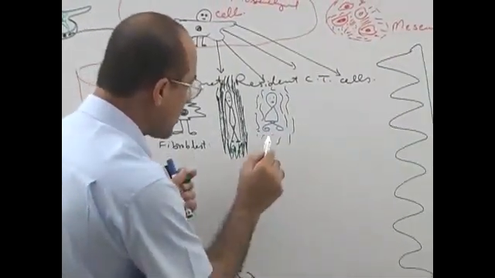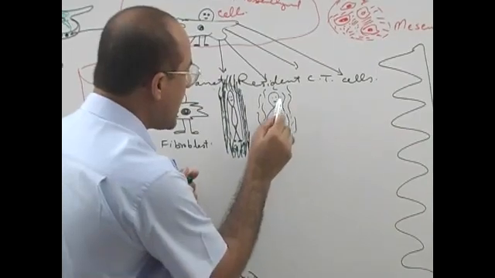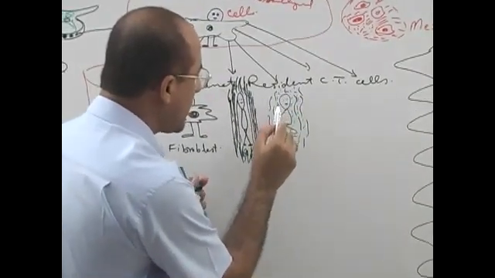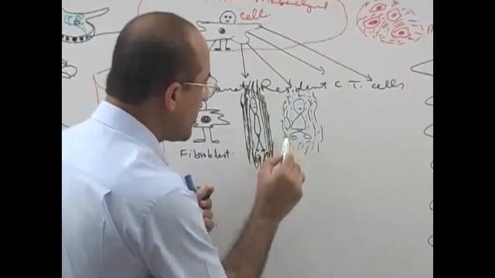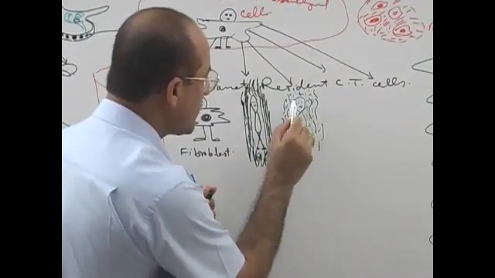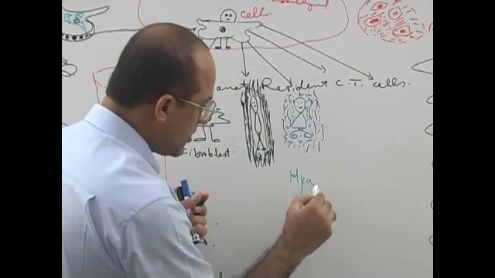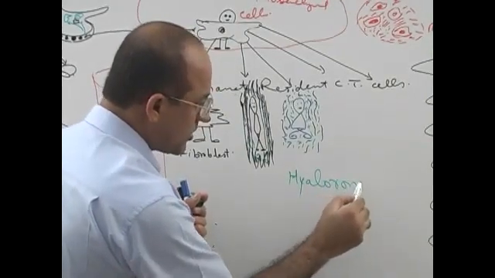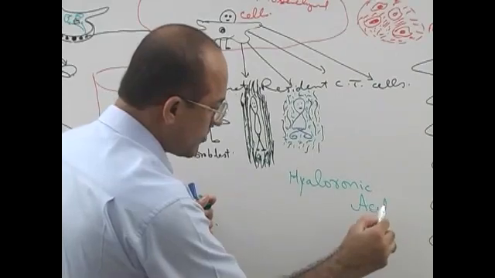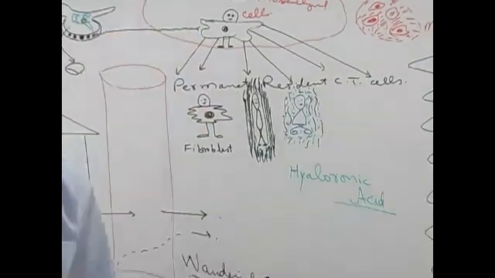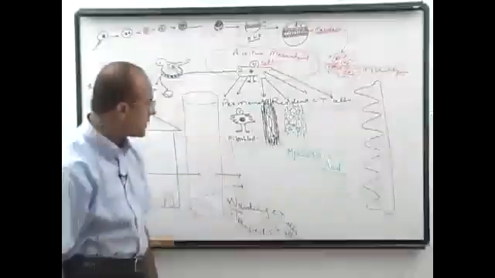What is it called? Hyaluronic acid. And it fills a lot of tissue around it with hyaluronic acid. Can you write that word? Hyaluronic acid.